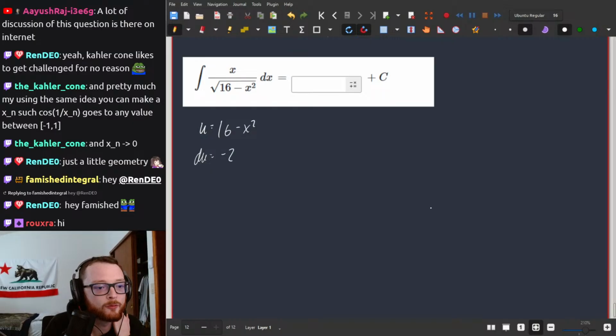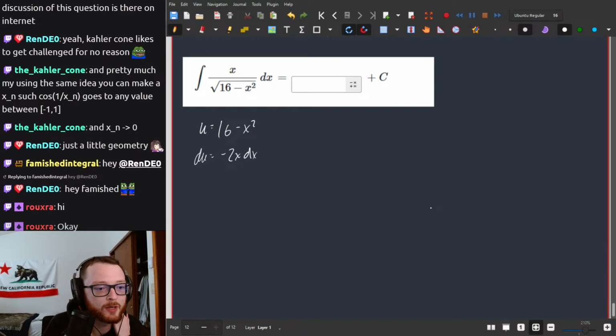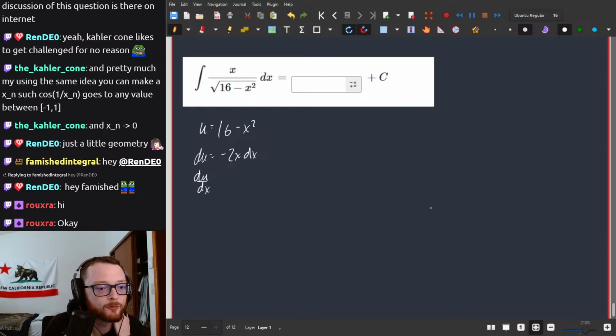So du is minus 2x dx, and you might be writing it as du over dx, which is more proper, but I'm used to writing it like that. So the integral becomes, well, let me, I like writing it like this because it makes it a bit more clear how the substitution works.